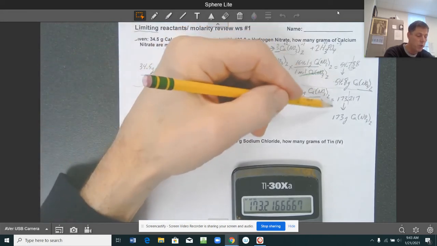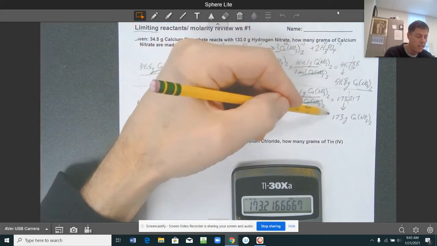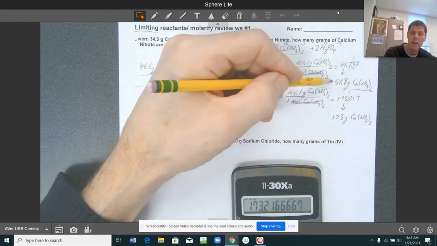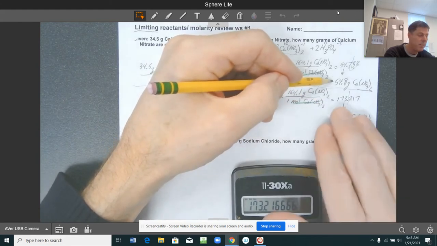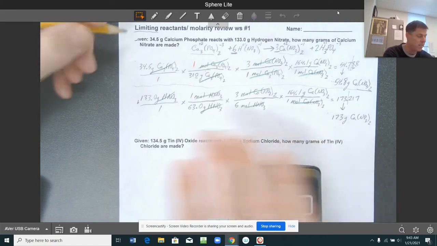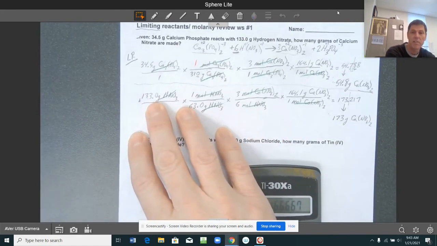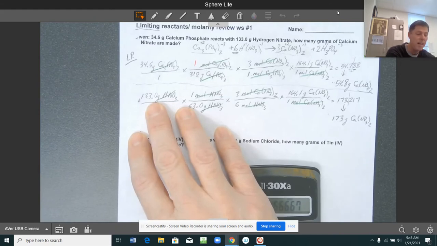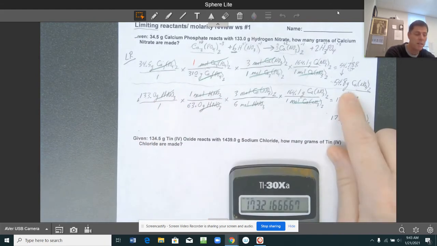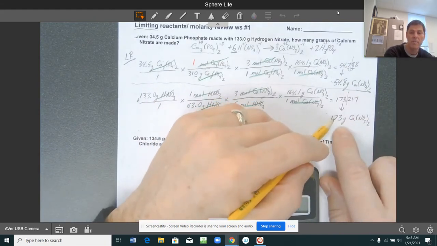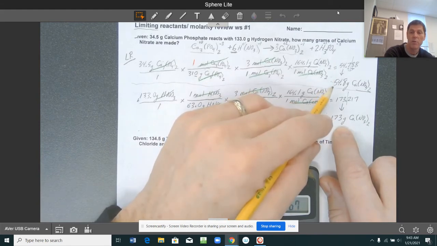So we have to look at the end values for the products. And whichever one is the smallest value, that means that reactant was the limiting reactant. Because as soon as it's gone, it limited how much product was made. I don't get to make this, because I only used up this.